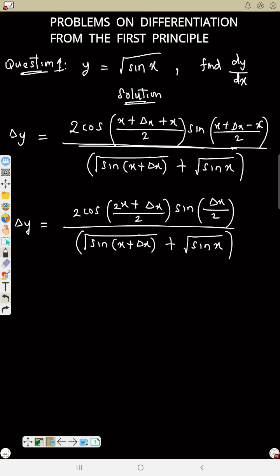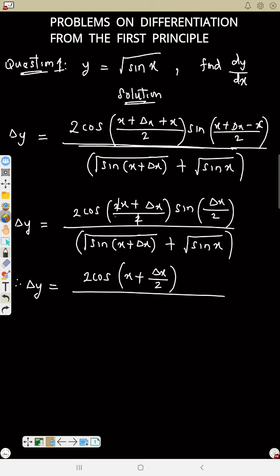Now from here, you can notice these two can affect both 2x and delta x. So my next step, I can say dy is equal to 2 cos of (2x plus delta x) over 2, because the 2 will cancel out here.